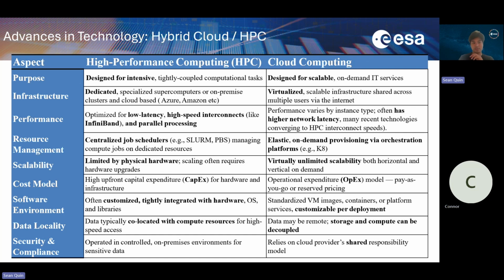You have other things like resource management and scalability, which change. It's quite scalable on cloud, but in HPC, you're given what you're given in terms of the limitations of the system. You have different cost models for each.